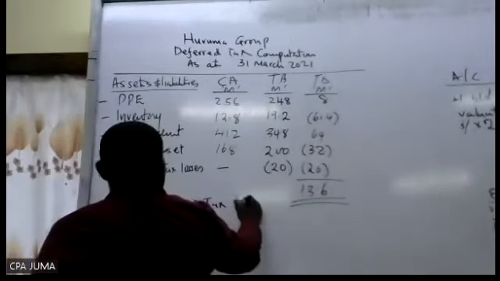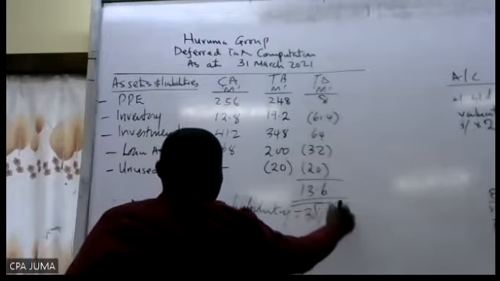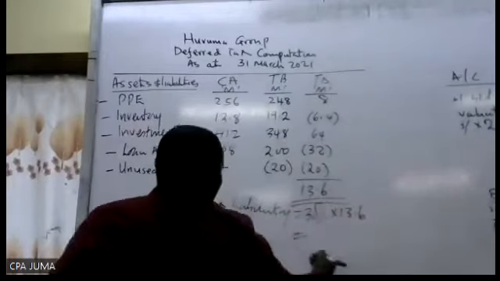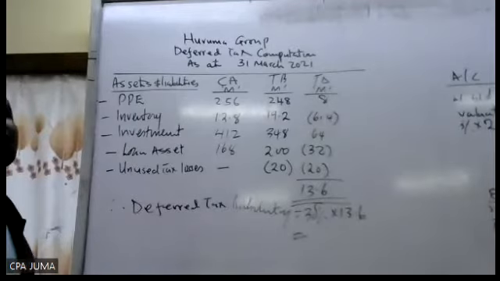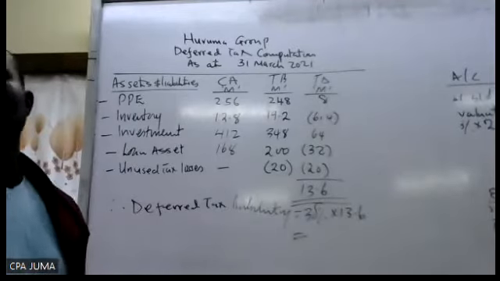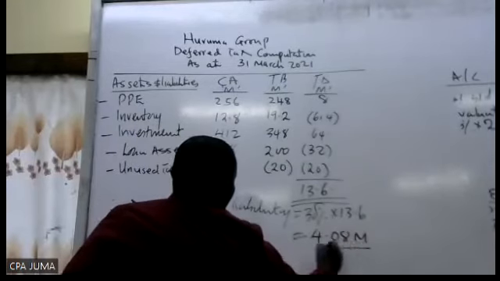So the deferred tax liability is equal to 30% of 13.6, which is 4.08 million.